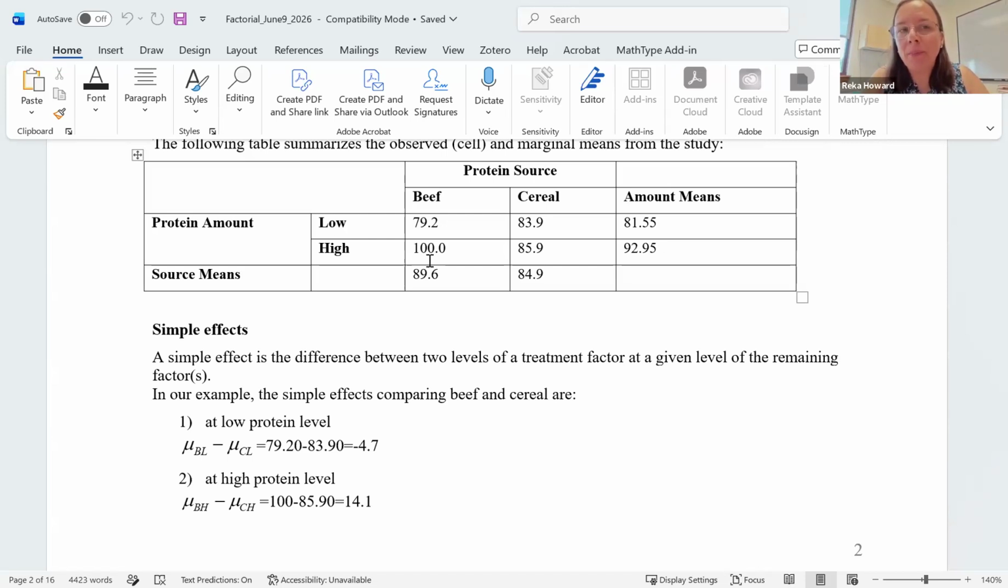So it's not a number where 10 is less than 20. When you have classification variables, let's say cereal and beef, low and high, even low and high, I don't know what low is. Is it 10 or 20? High, 100 or 10? So those are classification variables.